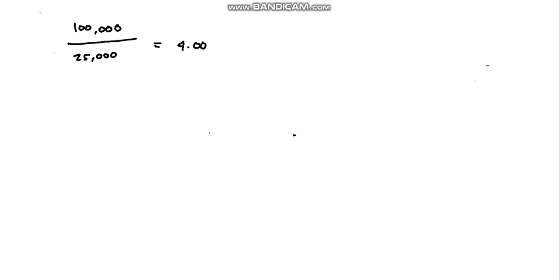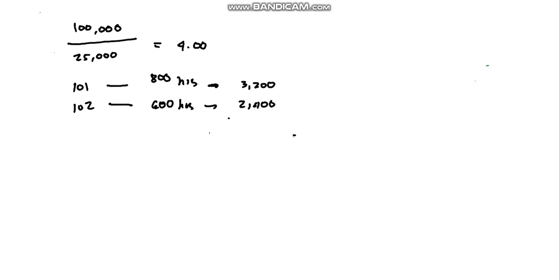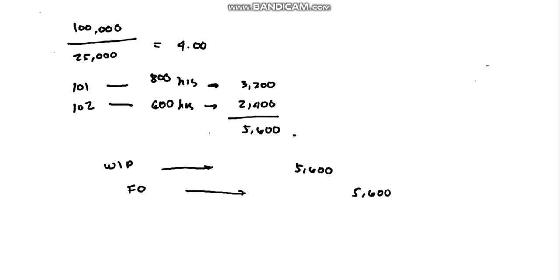So if job 101 in March, using the data from the previous example, that's 800 hours and 600 hours, multiplied by 4, that's going to be 3,200 and 2,400, so the total cost for this one is 5,600. So the work in process would be 5,600 and the factory overhead is also 5,600.